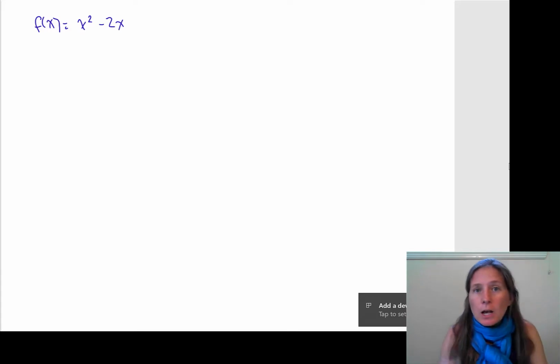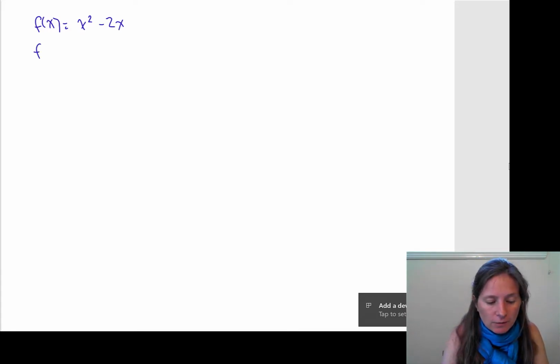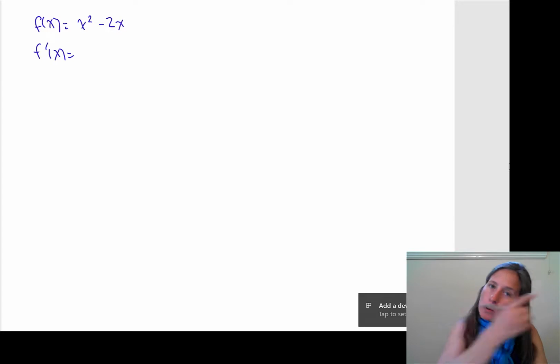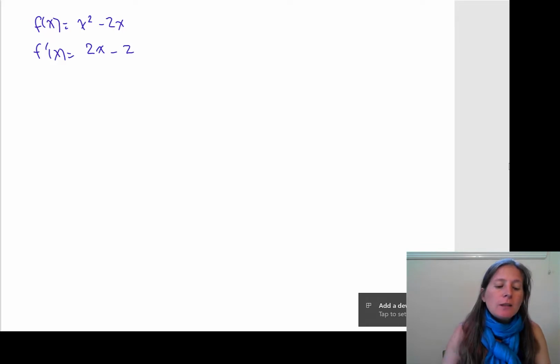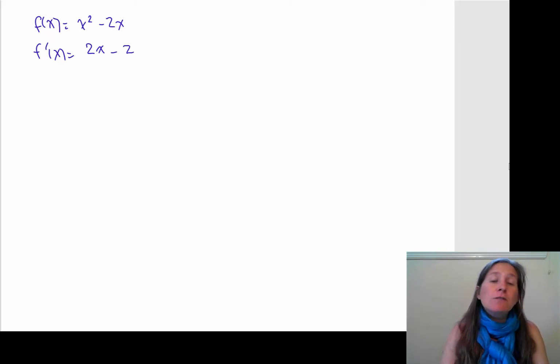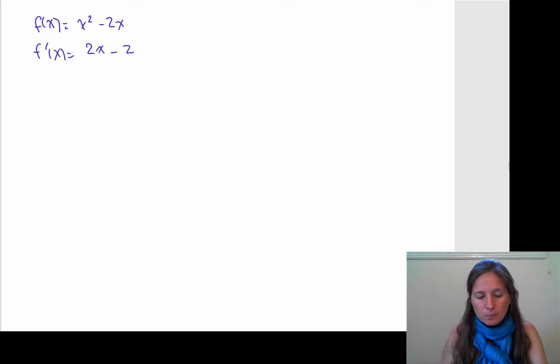So step 1, we want to compute the first derivative. That's why we've been reviewing all these rules on how to compute the derivative. It's 2x minus 2. We are using here the fact that this function f is the difference between two functions, x squared and 2x, and we are using the derivative of a quadratic and of a linear function.